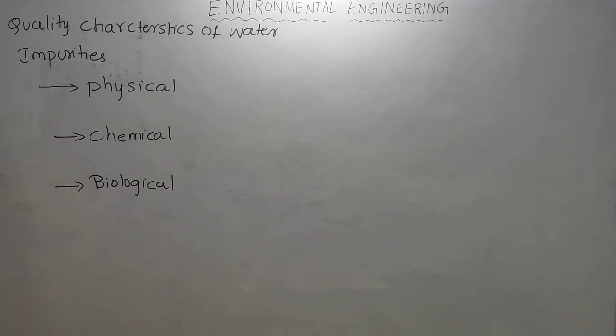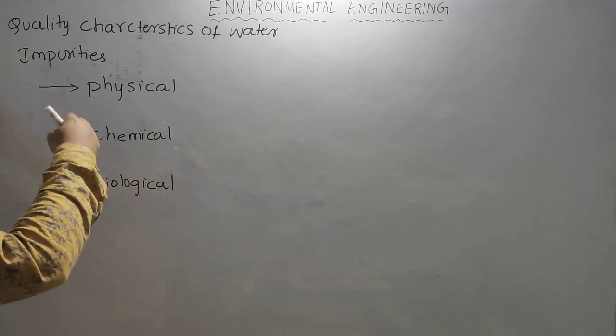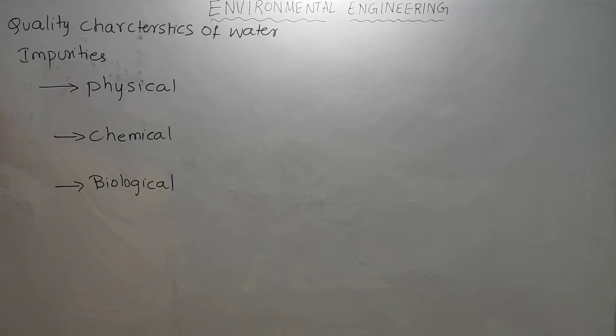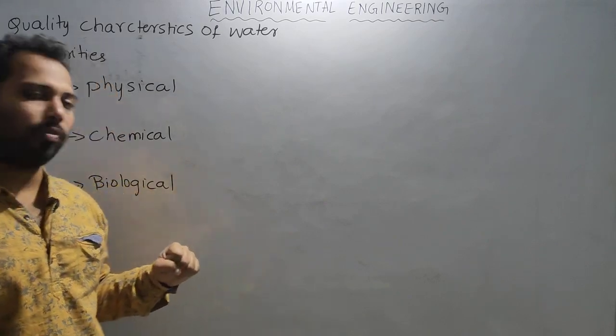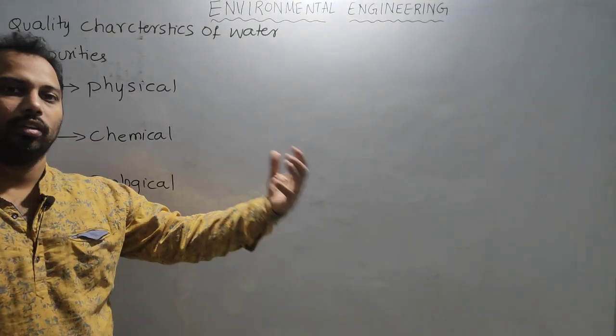Why do we need to test all these impurities? I told you already, it is like a full body checkup of water. In this topic, we will do a full body checkup of water. Whatever the problems in the water, we will suggest the treatments, because we need to supply water that is fit for drinking to the people.